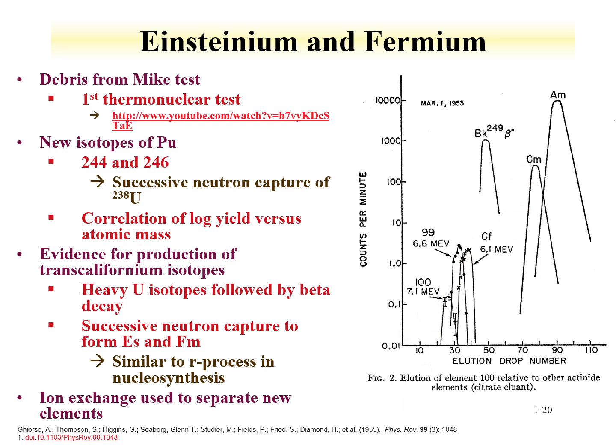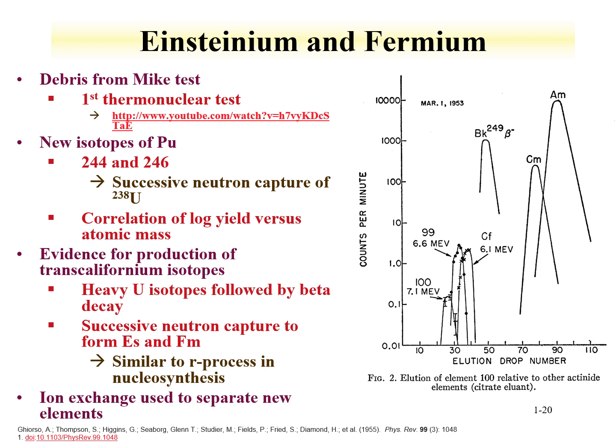This was the first time there was production of trans-californium isotopes. You would make these heavy uranium isotopes followed by beta decay. They made einsteinium and fermium. As we will discuss in nuclear processes, this is similar to the r process, the rapid process, that stars go through, and how elements are made.